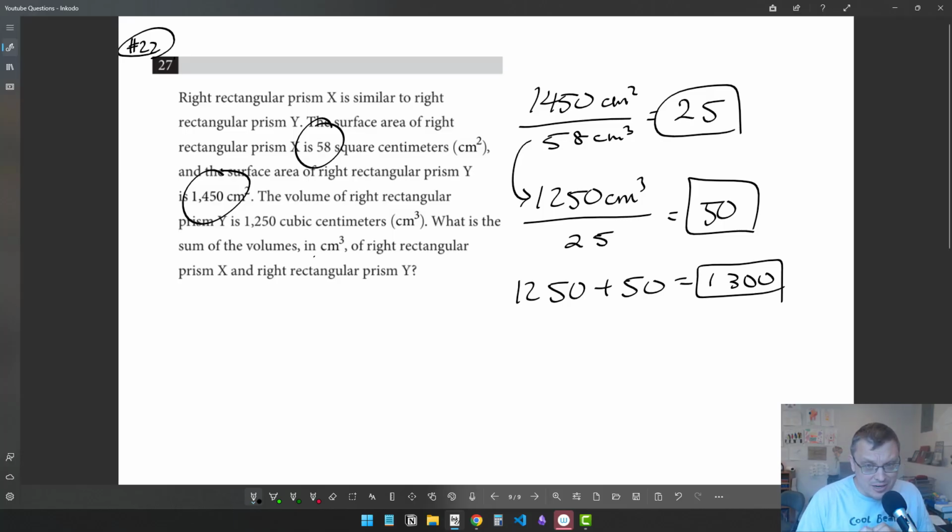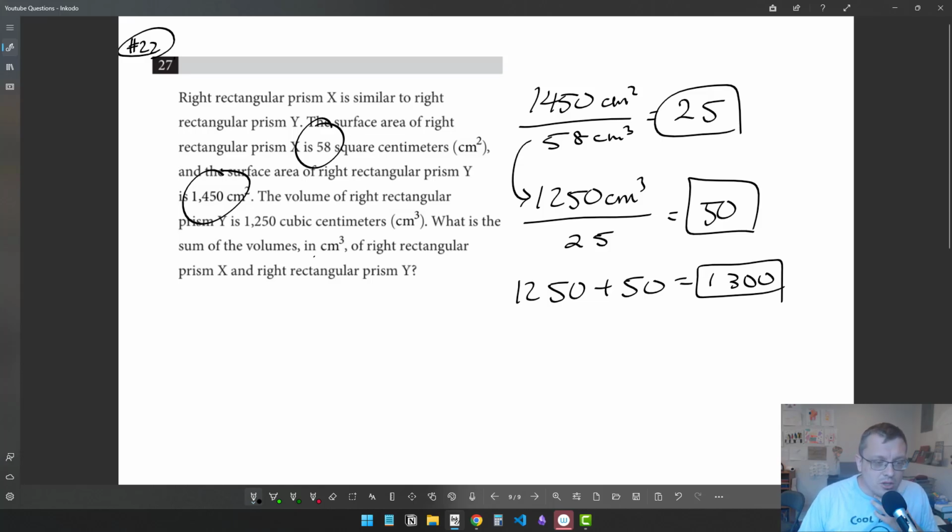Nor could I say the sides of these prisms are in a ratio of 25 to 1, because that's a one-dimensional ratio. So I have to stick within the dimensions or convert appropriately. I can use this ratio of 25 to 1 to find the other ratios, but I have to make some adjustments. Let me show you the longer way first, and then I'll give you the shortcut.